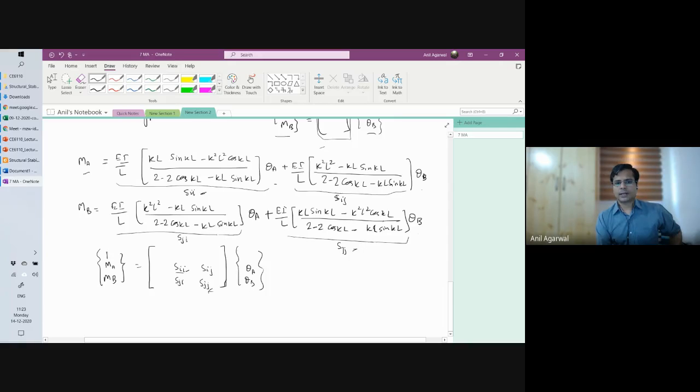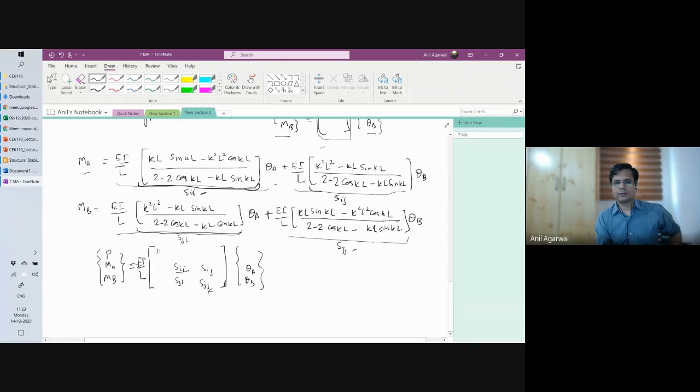In addition to that, I can introduce another degree of freedom of axial P. What I'll do is I'll take EI by L outside and I'll only call this term SIJ. I have taken this EI by L out, and the remaining part is SII. Okay, so EI by L is taken out.